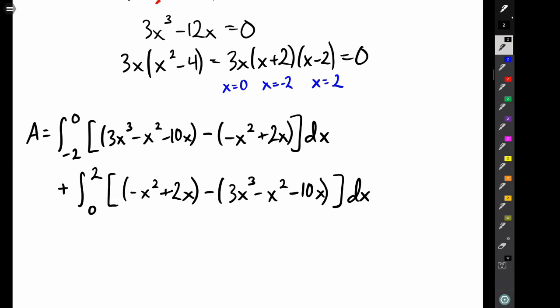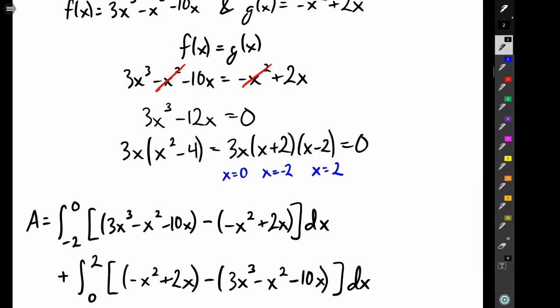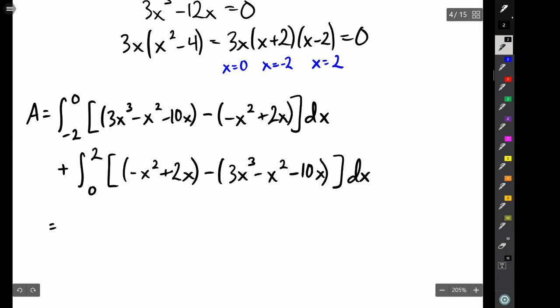So now we just need to simplify this stuff and then integrate it. So we actually know what it's going to simplify to when we combine everything together. This right here is f minus g. So this will simplify to 3x cubed minus 12x dx.